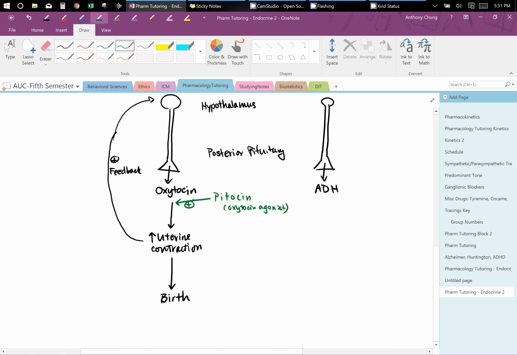Like I said before, this is used to induce labor. Also, after you give birth, your uterus contracts a little bit to stop the bleeding, so it can be useful for that too, to prevent hemorrhage after birth.